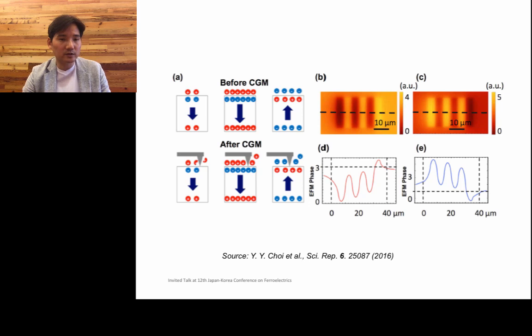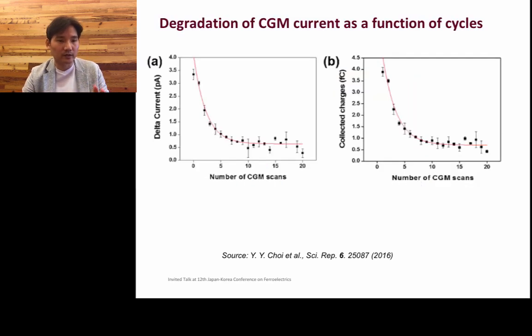In addition to this partial scraping, we also had a problem with degradation of the CGM signal as a function of CGM scans. After 20 cycles, we weren't able to get any more signal. So we had an obvious challenge with the polymer film, which is not the case with the ceramic thin films.